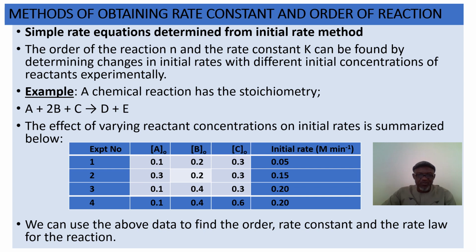Concentration of B is 0.4 and 0.4 for experiment 4, no change. But C changed from 0.3 and became 0.6 for experiment 4, and the initial rate did not change. You see, while C changed, initial rate did not change. So we're going to use this to solve this example.